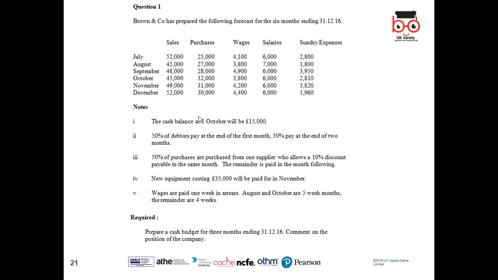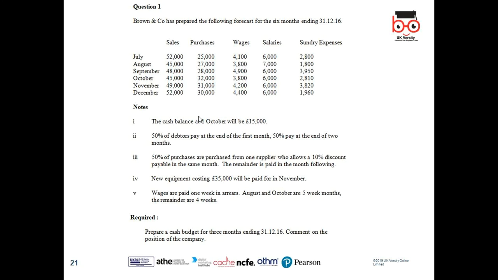Next are the purchases. We are purchasing in July how much? 25,000 worth of goods. So 50% we are buying from one supplier. 50% of 25,000 will be 12,500.